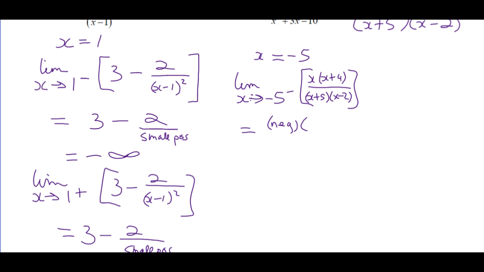When you add 4 to something that's around -5, that's also negative. When you're approaching -5 from below, you're a bigger negative. And when you add 5 to that, you're still going to be negative, but you'll be a small negative. And when you subtract 2 from a negative number then you're going to get a negative. Okay, so how many negatives do we have? So what does that become? Positive. So it's positive infinity.